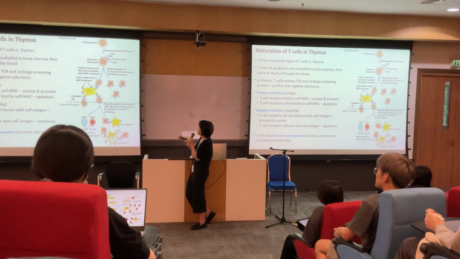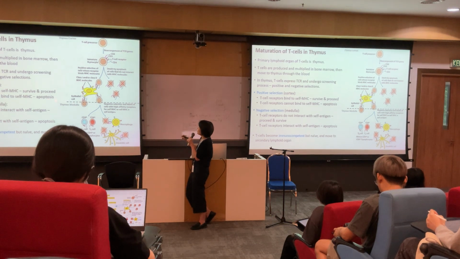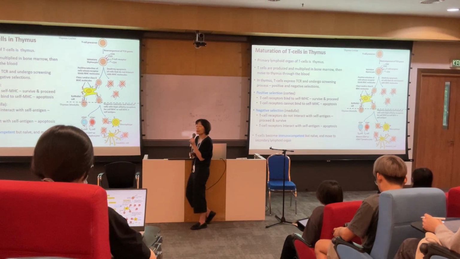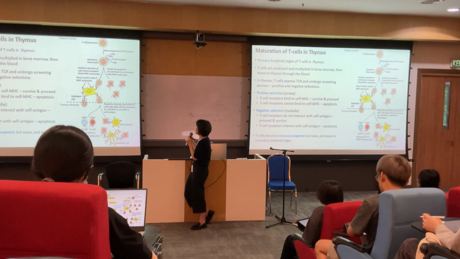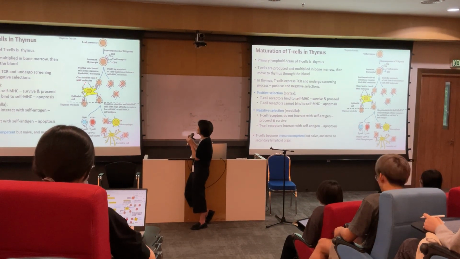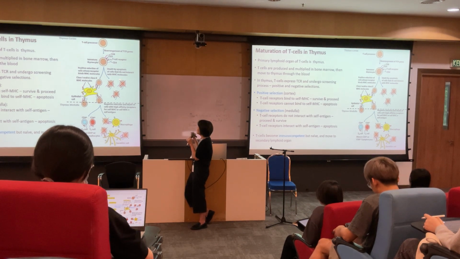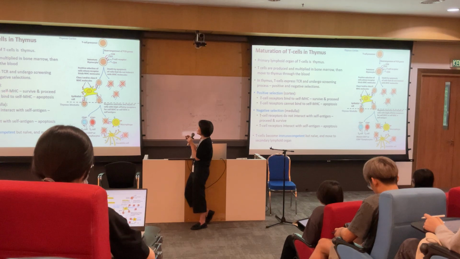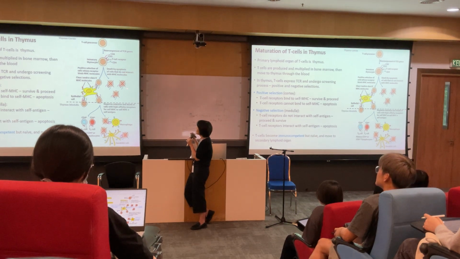For those whose TCR cannot recognize the MHC on the surface, they will undergo apoptosis because they are of no use. To activate the T cells, the first thing they need is to interact with the MHC. So this is a selection step. They are selecting those T cells that can recognize MHC, and removing those that cannot. This is the so-called positive selection.